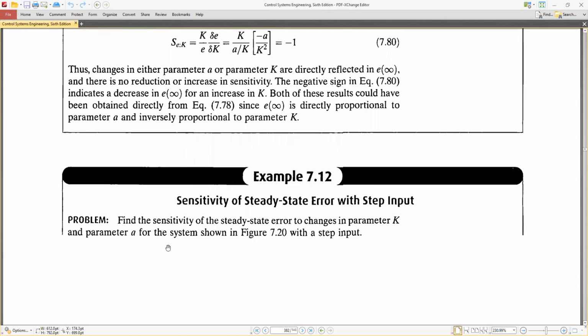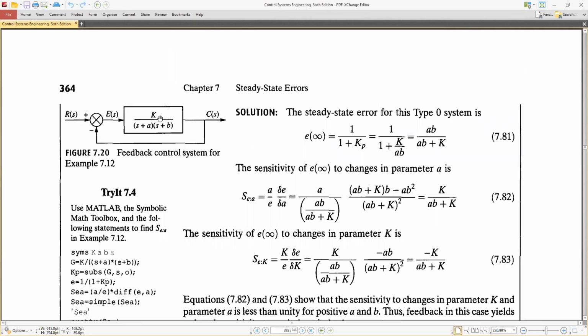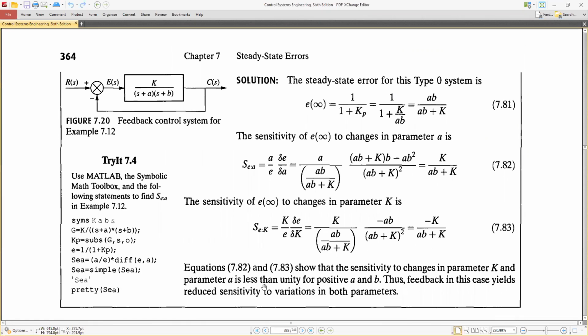Let me check this one. Sensitivity for the system with the step input, so K and a. That is the equation. This is the error for this type 0 system, so find the error. Parameter a sensitivity, put the value here, K by K. The sensitivity to change in parameter K is, for a and K, less than unity.